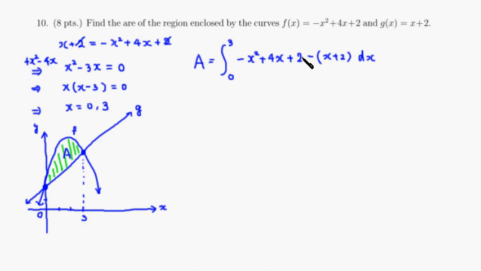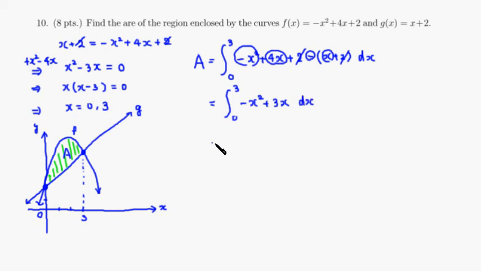To clean it up, the 2 and the minus 2 cancel out. So it's an integral from 0 to 3 of negative x squared, and combining the 4x with the minus x, you get plus 3x, then dx.